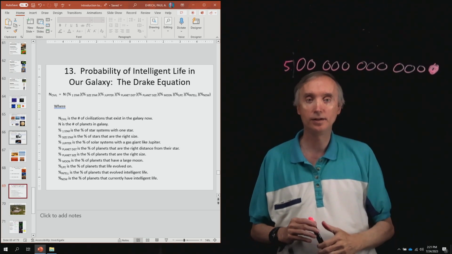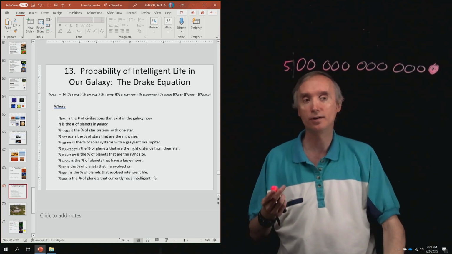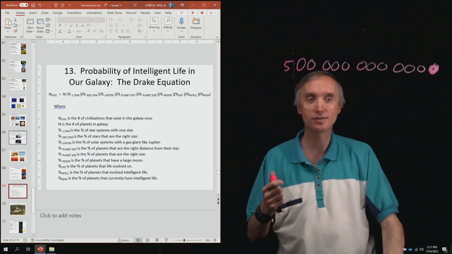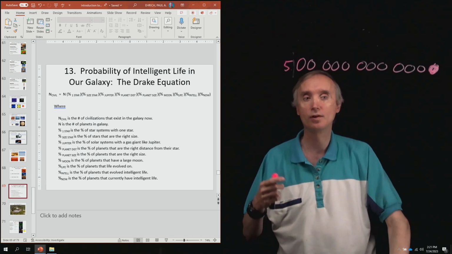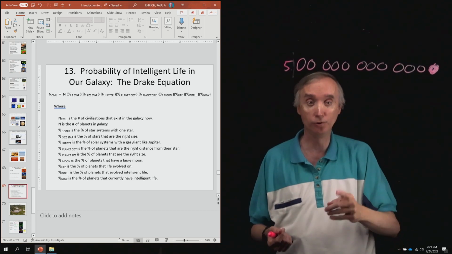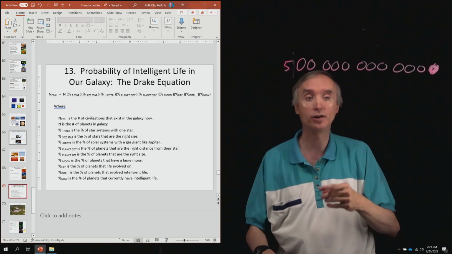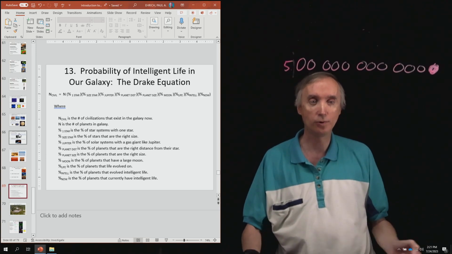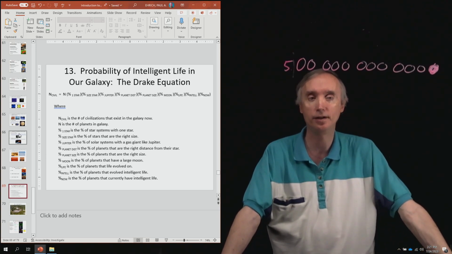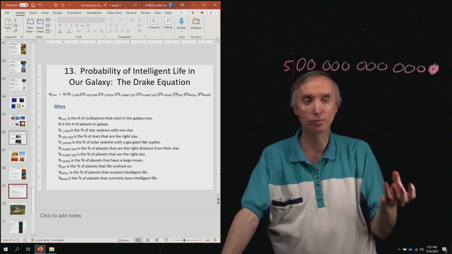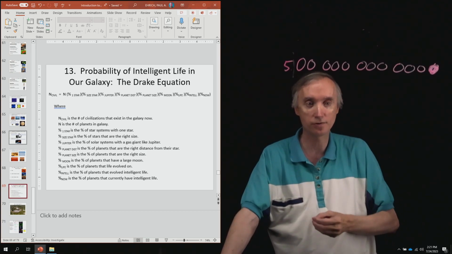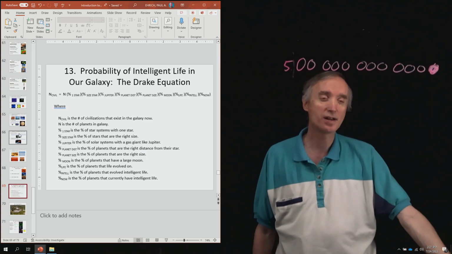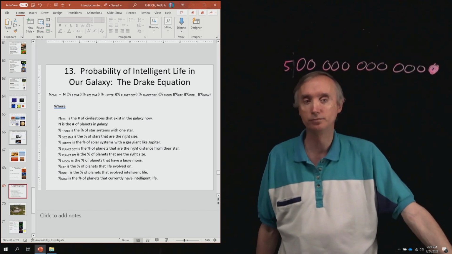Then the next one is that the star has to be the right size. So it can't be a blue one, but it could be yellow and it could be red. So we need to know the probability of yellow stars, red stars, and then blue stars. Well, those blue stars actually are not that common.